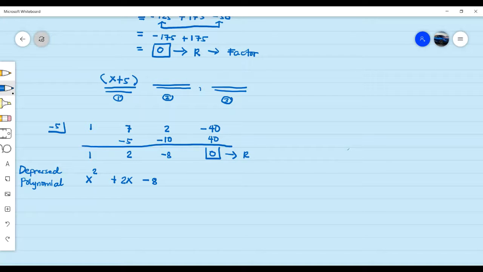Now, if you look at this, there is 1 here, but of course in higher mathematics, we no longer indicate that. It is already understood that there is 1 as the numerical coefficient of x squared. Okay, so now we have our first factor from a while ago, which is x plus 5.